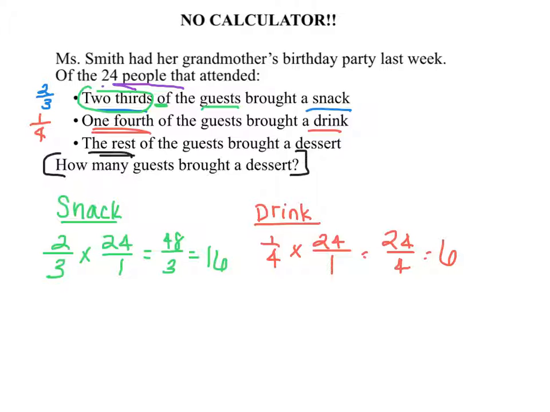The rest brought a dessert. The rest of something signals me to subtract. So I have a total of 24 people. Take away the 16 that brought a snack. Take away the 6 people that brought a drink, and the rest, or the leftover people, brought dessert, which is 2.